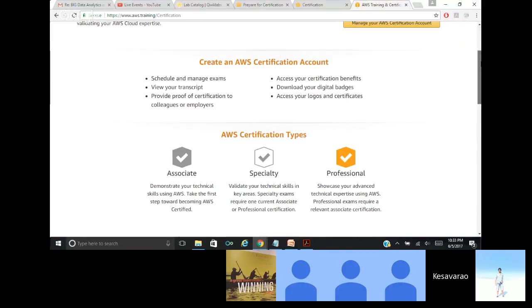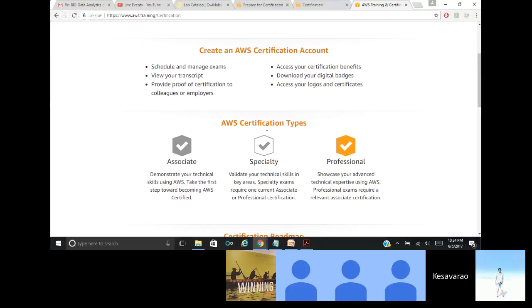There are three types here. See, AWS certification types: associate, specialty, professional. There are three categories. The associate is mandatory for any of this. If you want to be in a specialty or professional, you want to get the certification, without associate, they won't allow that. So everyone is mandatory to do associate.